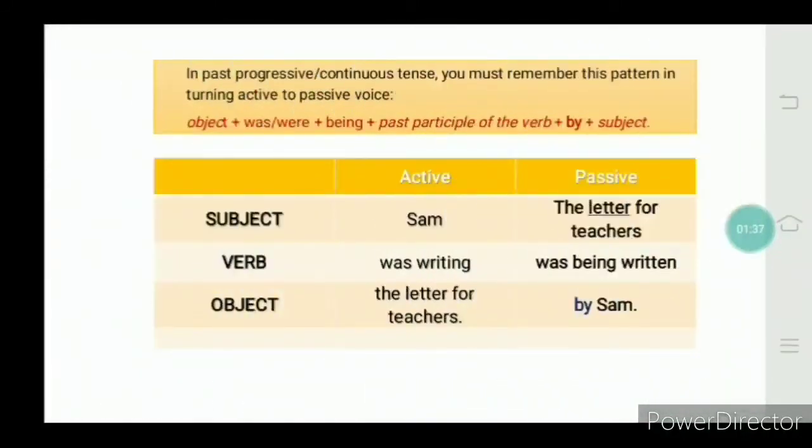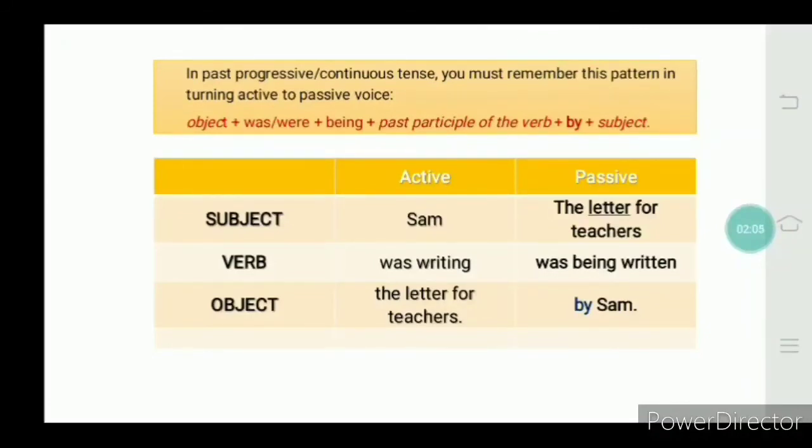Okay, next, we have past progressive or continuous tense. You must remember this pattern in turning active to passive voice. We have object plus was or were plus being plus past participle of the verb plus by plus the subject. So again, here we have active. The subject is Sam. The verb is was writing.